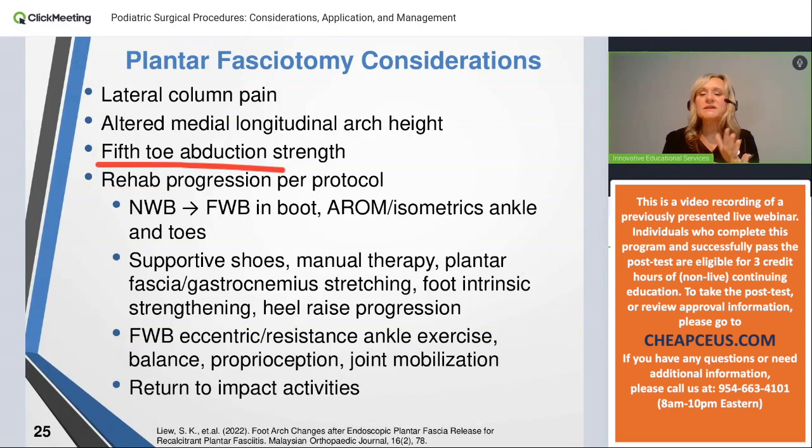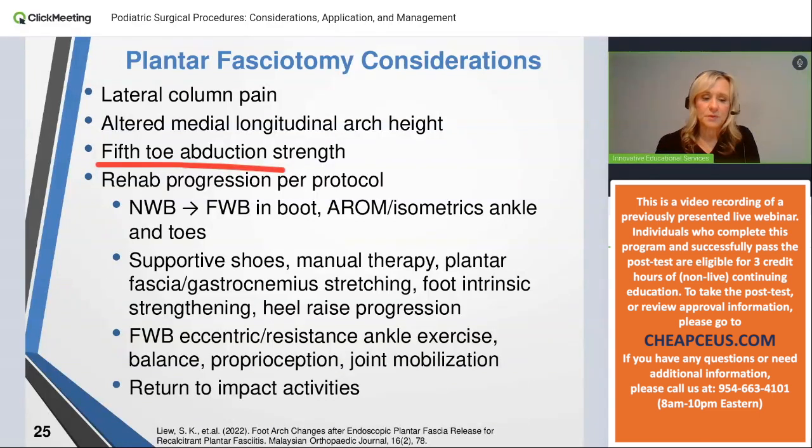It may seem insignificant, but we know that all the muscles in the foot play a role in balance. So it is important to check that in our patients, particularly post-operatively. If there was compression on that nerve, they might have long-term atrophy, and we need to strengthen it up. If the nerve was addressed during the surgical procedure, and they have weakness there, we need to see if it's transient or not to see if that nerve was potentially traumatized.